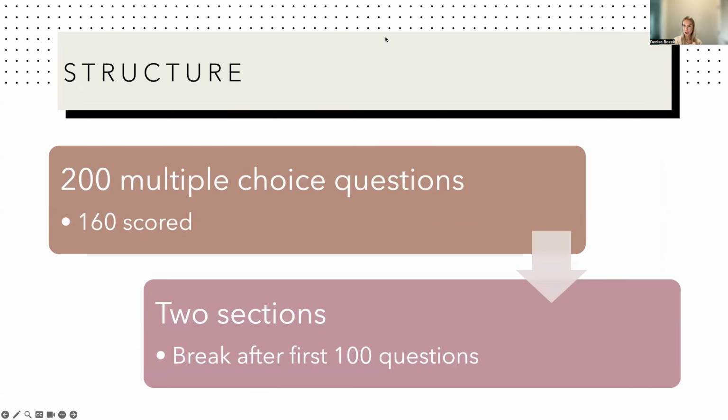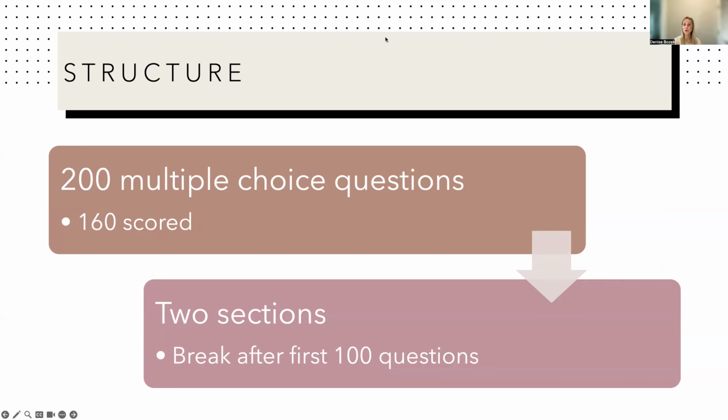So, the structure of the NCE, there's 200 multiple choice questions, but only 160 of them are scored. So passing is usually around 90 to 100, depending on which test you get, because each one is going to be different, and that makes the amount that you need to pass different.